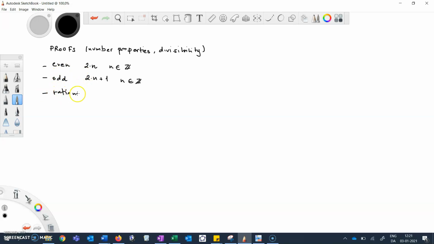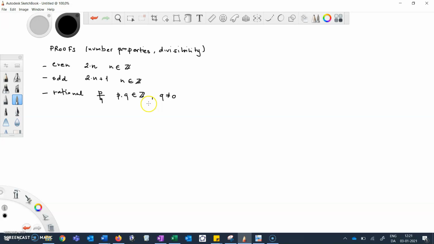If you remember, rational numbers are those that can be written as a fraction. So they can be written in the form of p divided by q, where p and q, again, are integer numbers. And in particular, in this case, q must be different from 0.